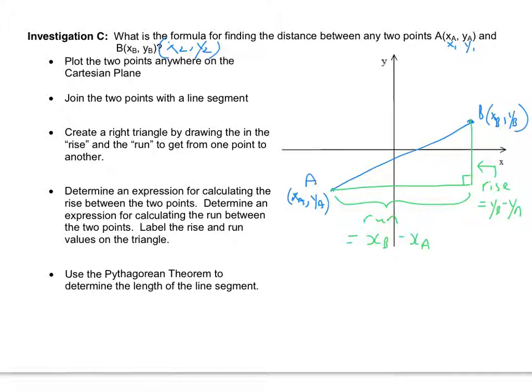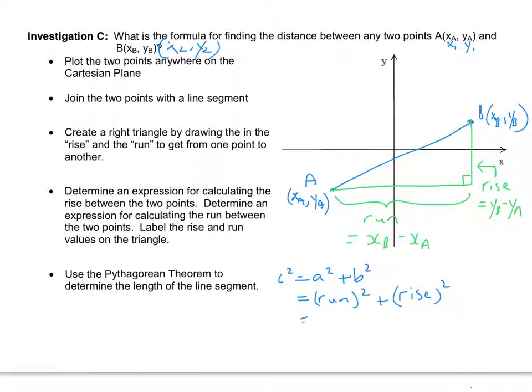And therefore, if I want to find my hypotenuse, which is the length between those 2 points, I know it's really C squared equals A squared plus B squared. Or in this case, it's really my run squared plus my rise squared. I'm going to put run first because it deals with the x's first. It doesn't really matter.